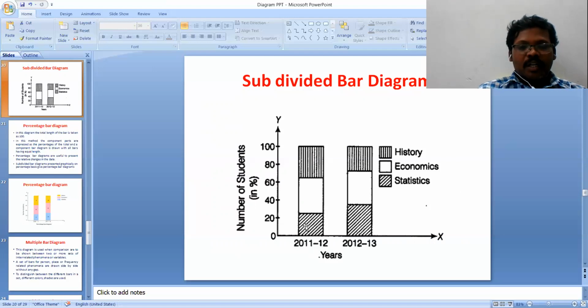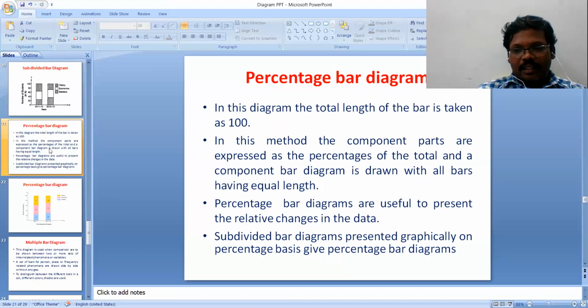For example, blue color represents history, black color represents economics, and red color represents statistics. Like that we can see it in different ways. That is what is called the subdivided bar diagram.